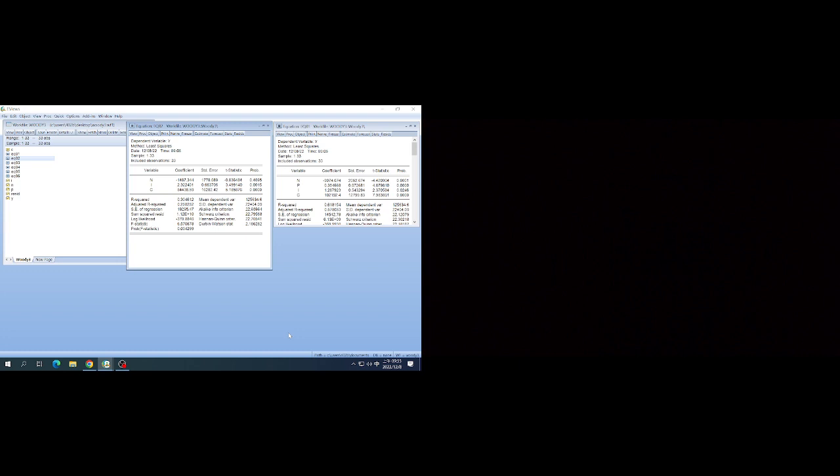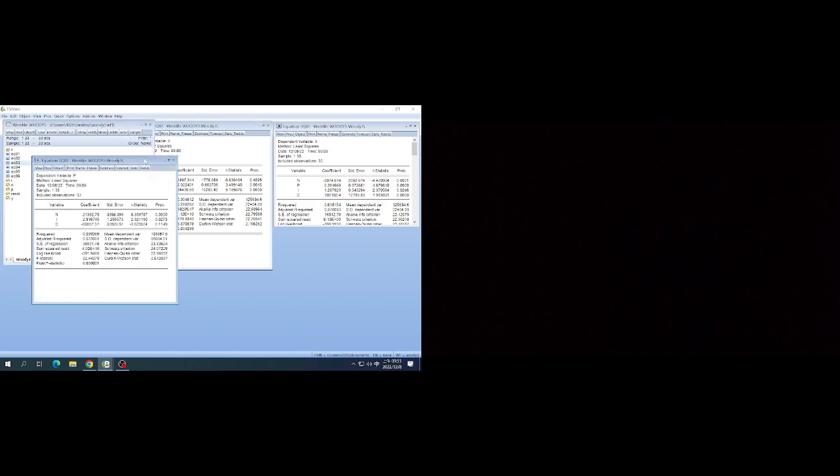Okay? So I'm going to run another regression, which I already did. Okay, this is the one. Look at this one, okay? This is the one where I run the P with N and I. All right. So how does that bias come about? Now we look at these numbers.